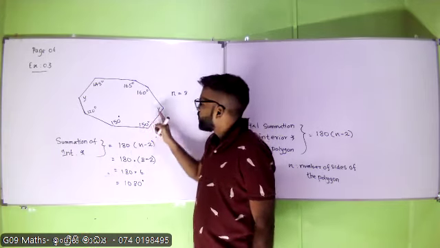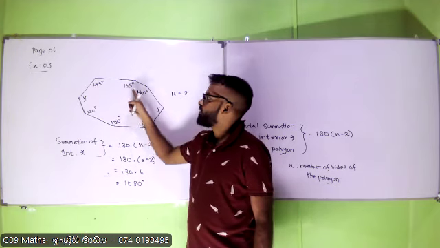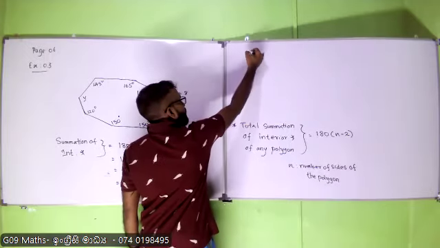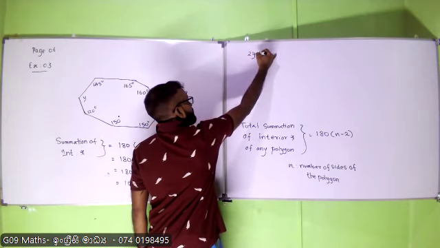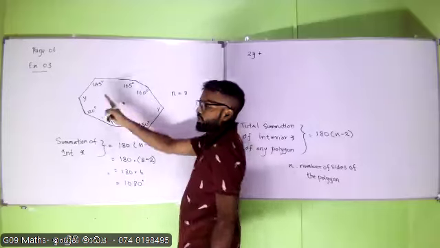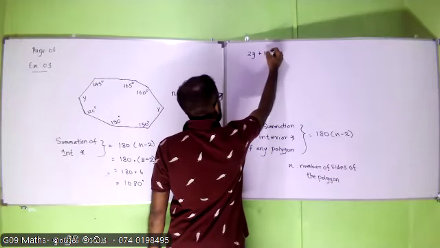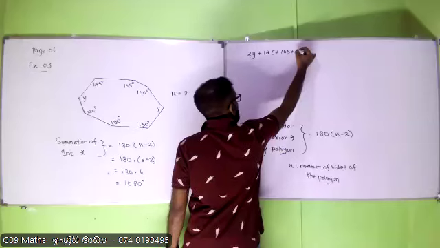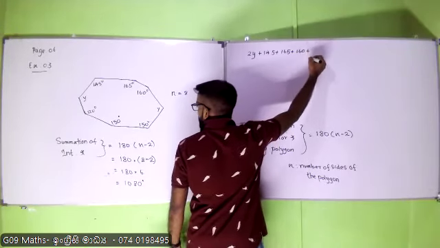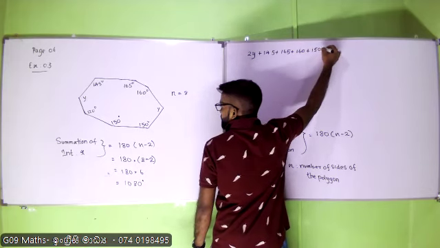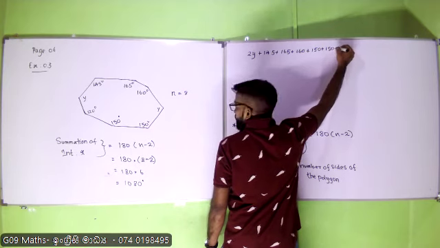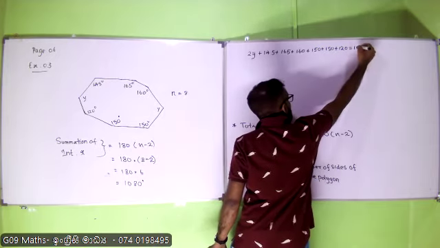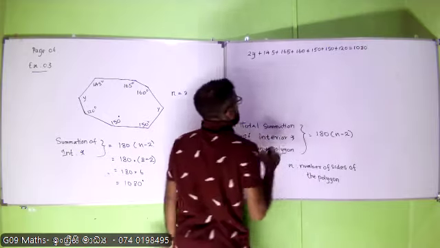So 2y plus 145 plus 165 plus 116 plus 115 plus 115 plus 120 equals 1080. First I will write what is to be found, that is my unknown term, 2y. Right, so this is it.